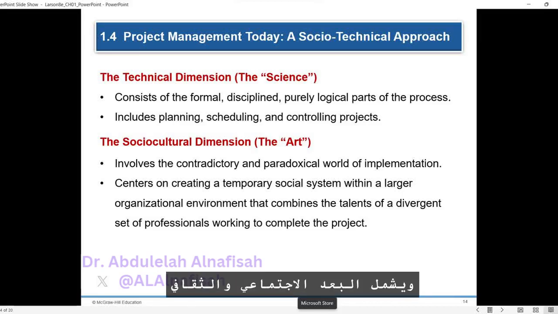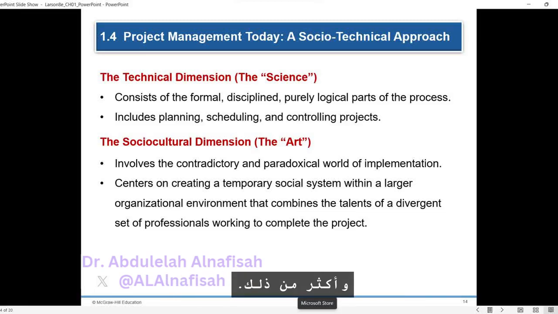The socio-cultural dimension also encompasses managing the interface between the project and the external environment. Project managers need to manage and shape customer expectations, maintain top management support, negotiate with functional counterparts, monitor subcontractors, and more.